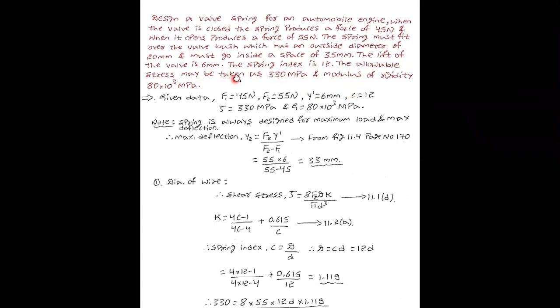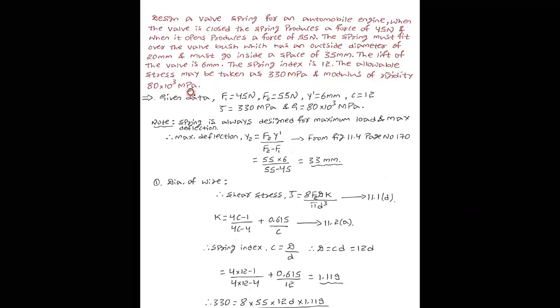This is the allowable stress which a spring can take: shear stress tau is equal to 330 megapascal. Megapascal is nothing but Newton per mm square, and modulus of rigidity is 81 into 10 raised to 3 megapascal.